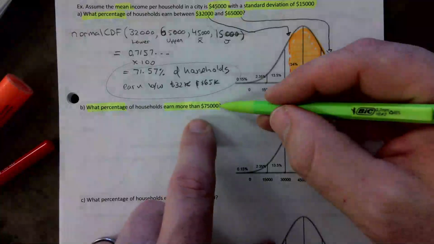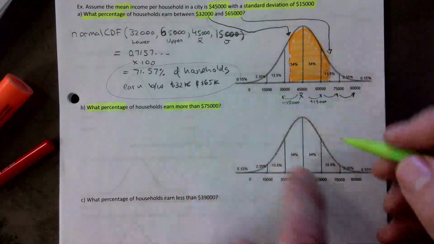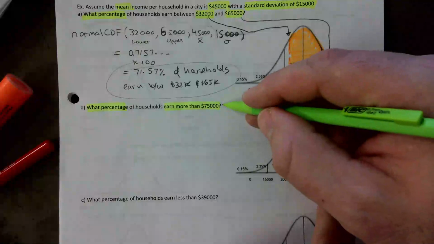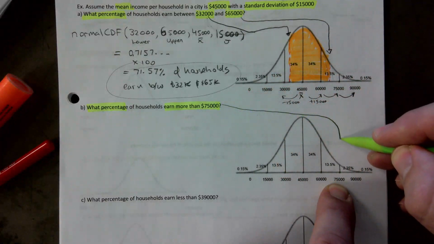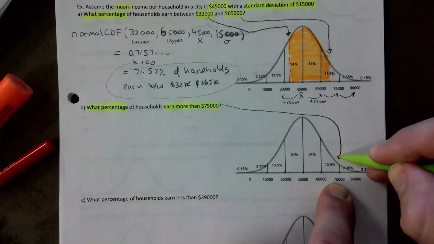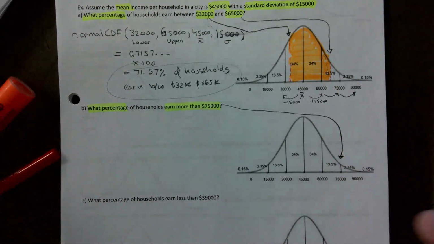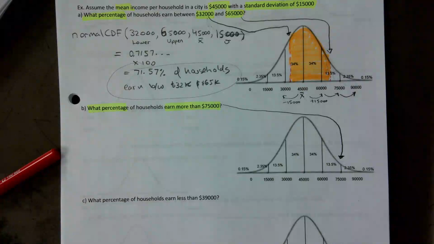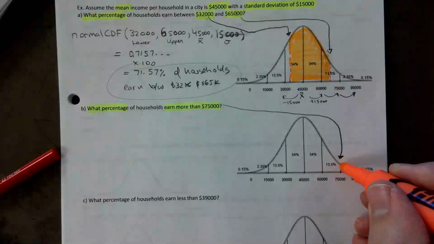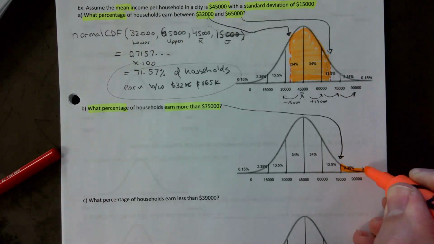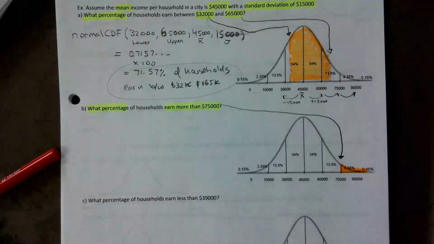So you kind of have to understand that more than 75,000, 75,000 happens to be right here. Okay, so I want everything that is more than that income, all the households that make more than that. So by definition, I will want to figure out all of these here, the percentages that follow that tail going upwards.